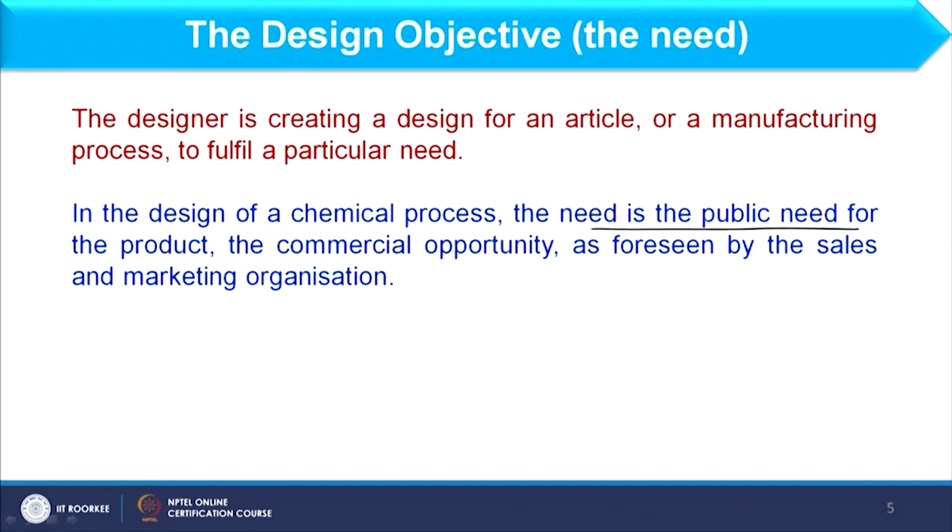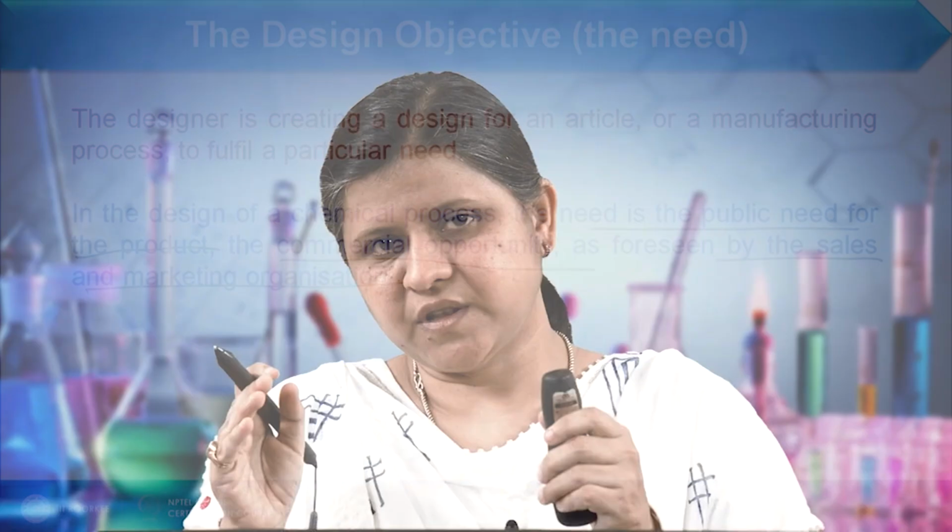The public demand for a product we can consider a commercial opportunity for a chemical engineer, and that commercial opportunity can be decided by the sales and marketing organization. First of all, we focus on the public requirement, then we decide what would be the suitable product for that, and we consider that as a need. That need we refer to as the objective.